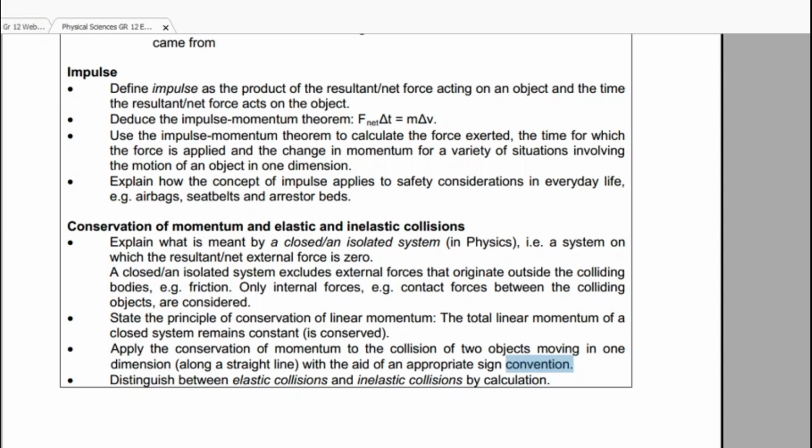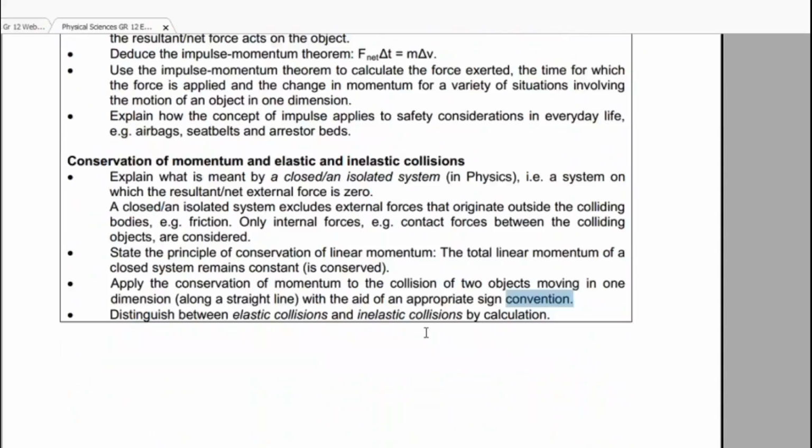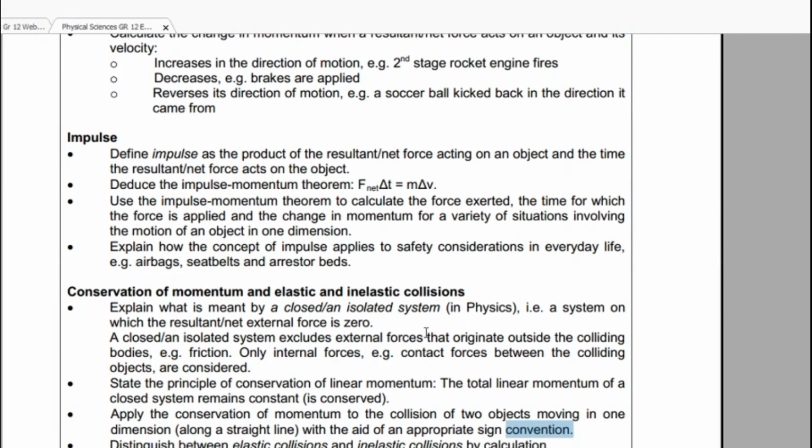Okay, so now let us try to summarize all of this, my key points. We have momentum and impulse, right?